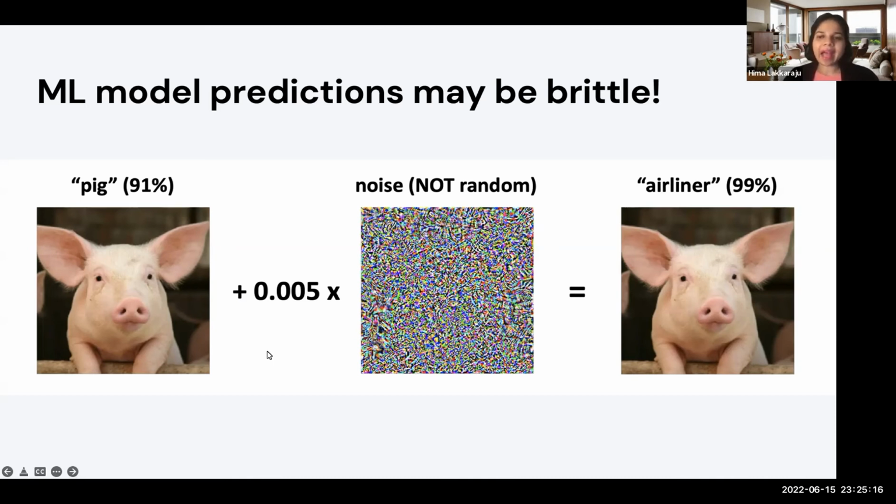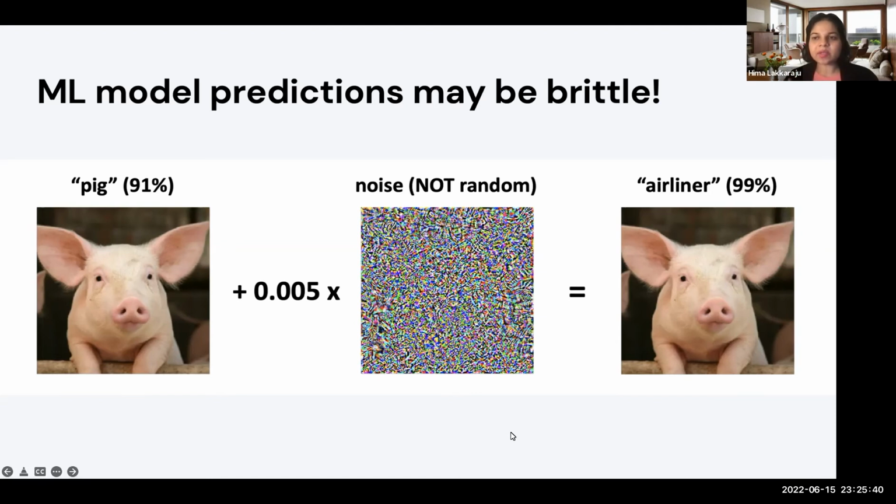Now, if we add some imperceptible noise to this image and generate a new image, which to a human eye looks exactly the same as the original image, you see that the model's prediction has drastically changed, and now the label being given to this point is of airliner class with a very high confidence, right?